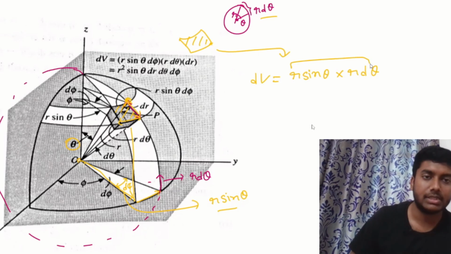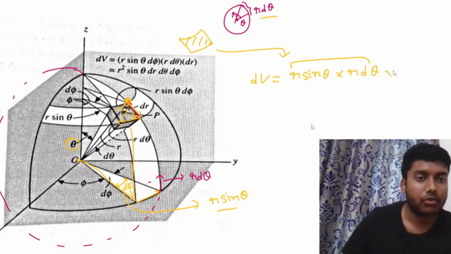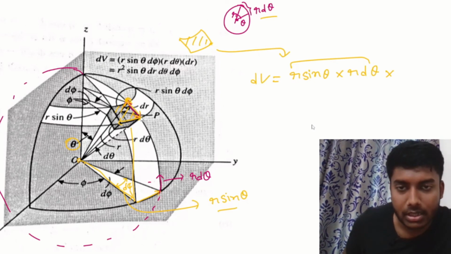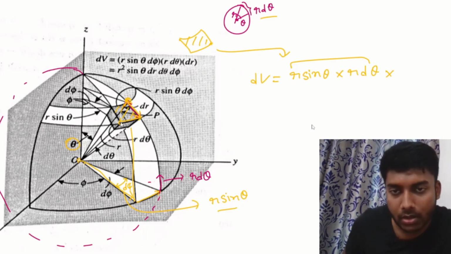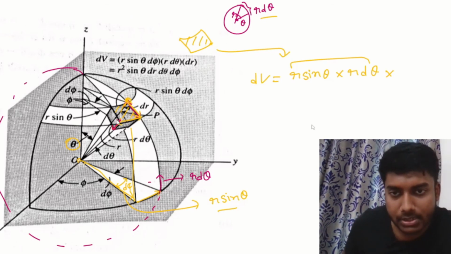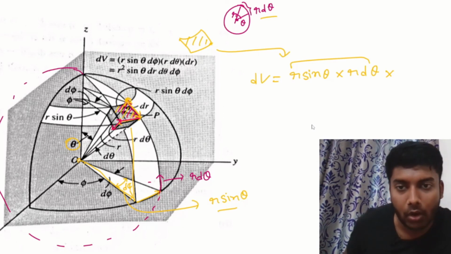This total will give us the area. Now to get the volume, we have to go deep. We have to do this and go this way. Now we have to go inside this. If we multiply the area with this width, then we'll get the volume of this small box.